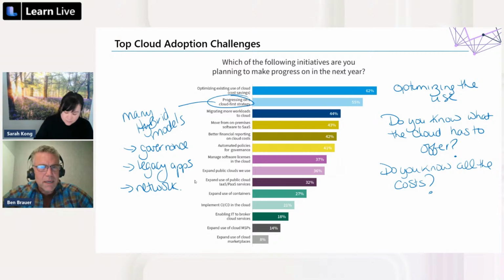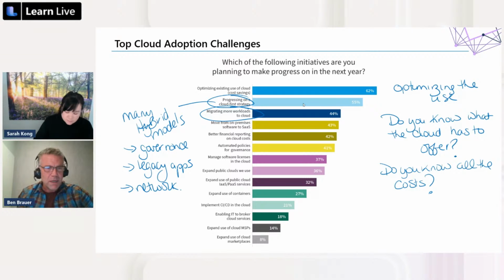Migrating more workloads to the cloud. This is one of those areas where we expect customers are having challenges, because what they typically will do, and this is part of this course, is migrate one application at a time. And often what happens in that kind of model is it's piecemeal, which means you're going to end up doing a lot of things over and over again. What you could do is give yourself a consistent deployment model, and we'll talk about this with Azure Migrate.